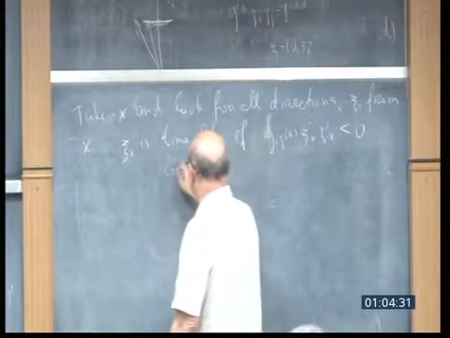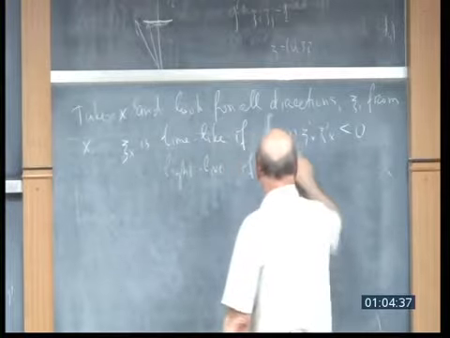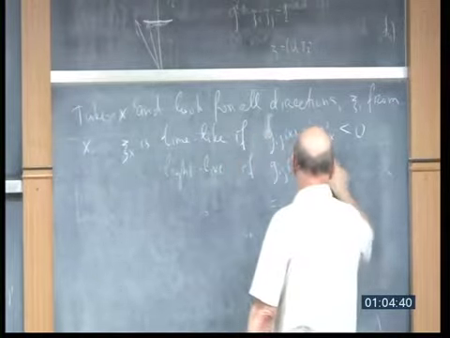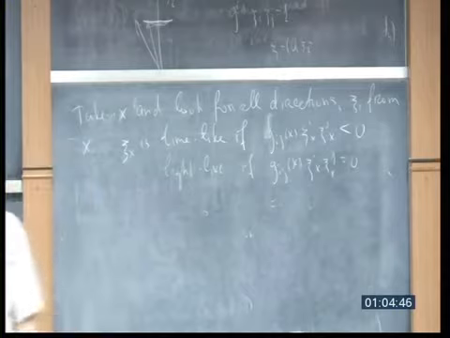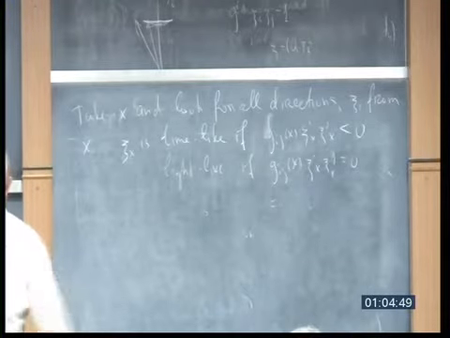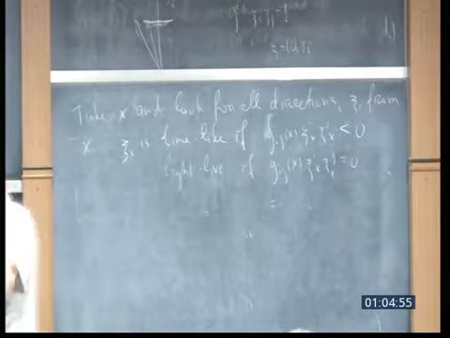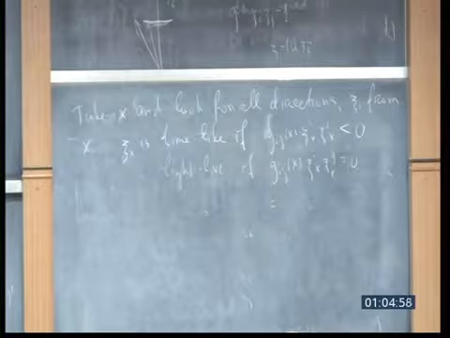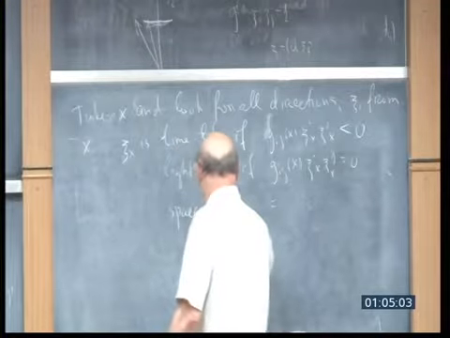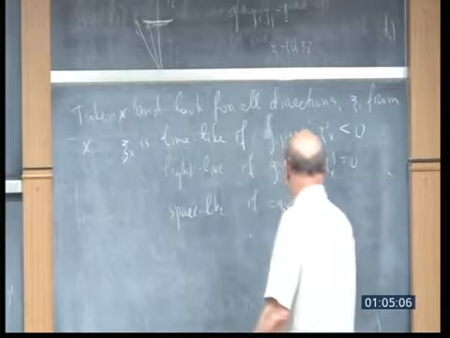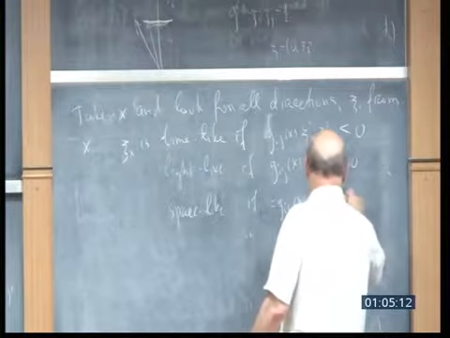It is light-like if Gij(x) psi i(x) psi j(x) is 0, and that gives a direction of propagation of light, or gravitational waves if you prefer. I prefer gravitational waves because if you find gravitational waves, you definitely get a Nobel Prize. And of course there is a third possibility, space-like, if Gij(x) psi i(x) psi j(x) is more than 0.